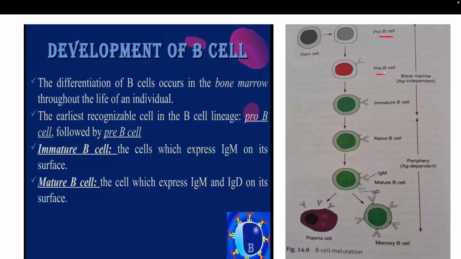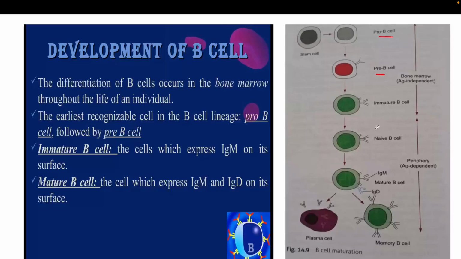In the pre B cell, here you can see that IgM will be synthesized on the surface of the B cell. That is called the pre B cell, and after the pre B cell, it will give you the immature B cell. In the immature B cell, the IgM expression will be completed, and meanwhile the IgD expression will start.